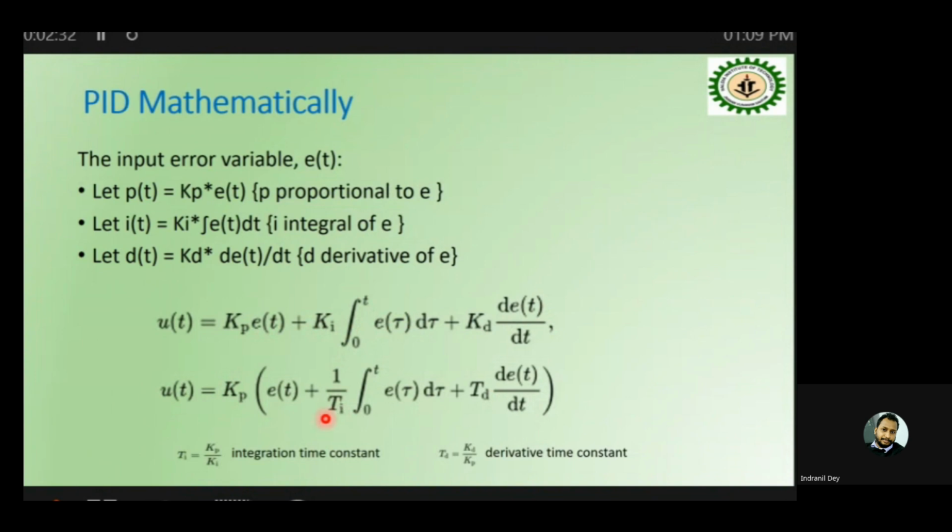Here two parameters have come, that is Ti and Td. This Ti is basically Kp by Ki, called the integral time constant, and this is Td, which is the derivative time constant. So finally we have an output which is the addition of all three control actions, which will come as the control signal from the PID controller.